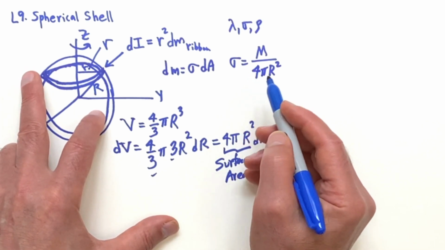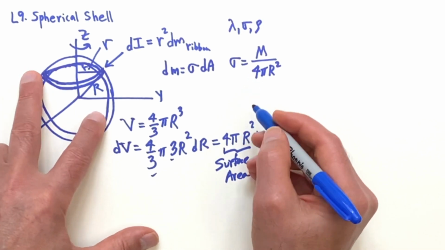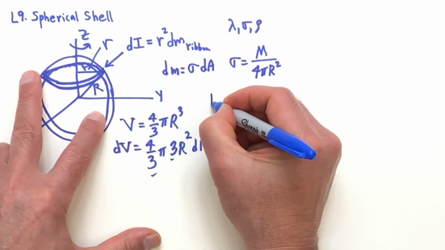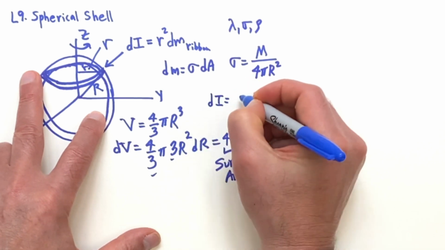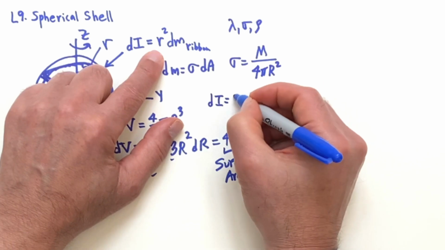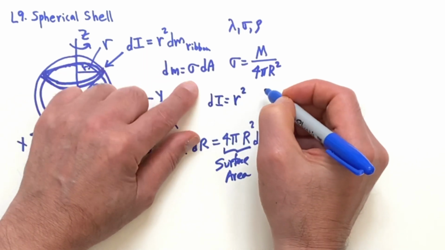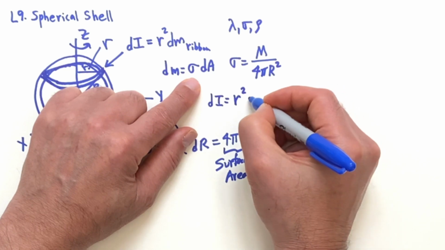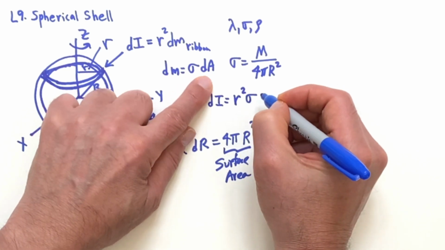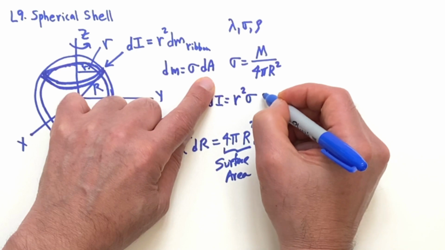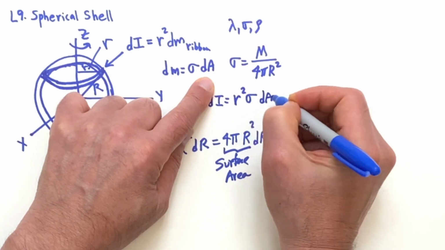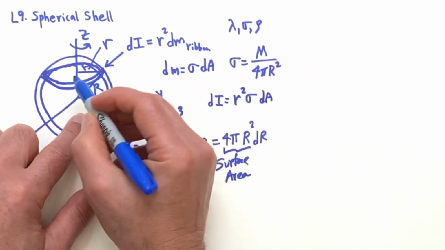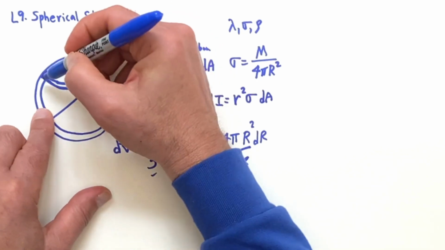So now we're ready to put it all together. dI is equal to, we have the r squared, and then we have the dm, which is going to be the sigma, and we have the dA. Now, what is the differential area?